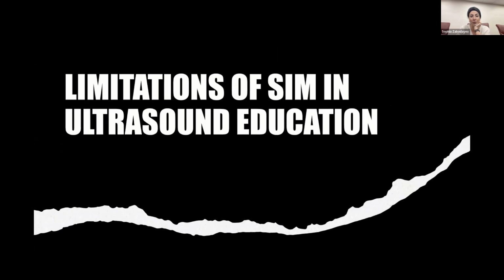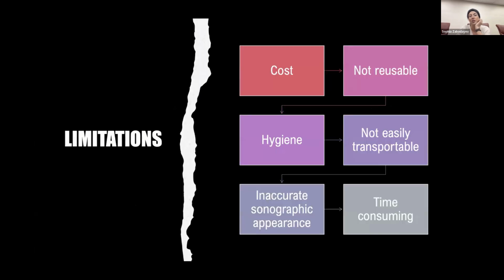So what are some of the limitations of SIM? Costs. There's always costs associated with making models. You can do low fidelity, high fidelity SIM, and there's ranges of costs in between, but there's always some form of cost, and that has to be factored in, depending on what the budget is for the model you're trying to create.